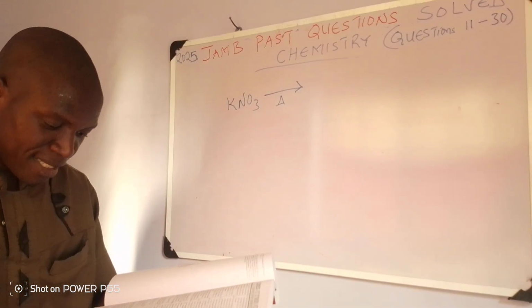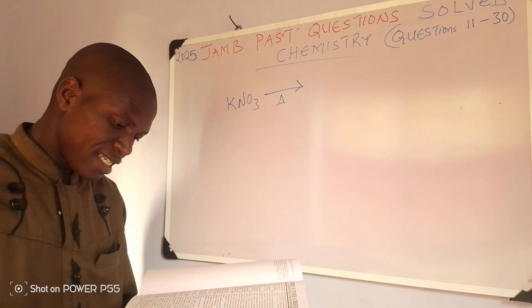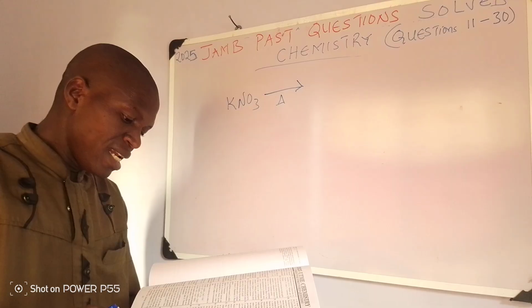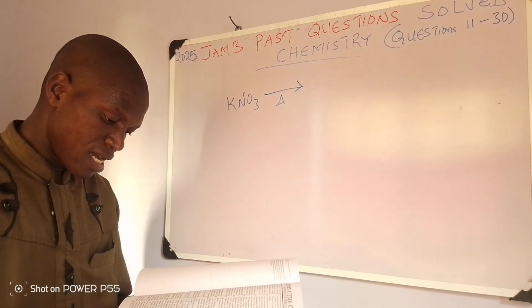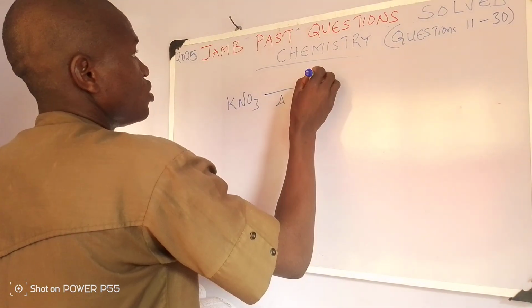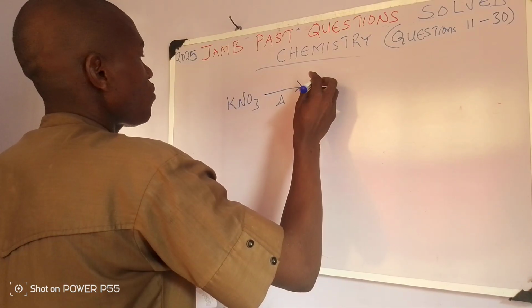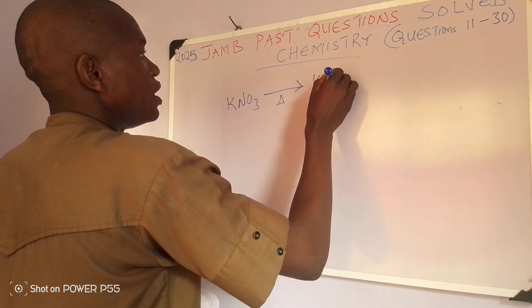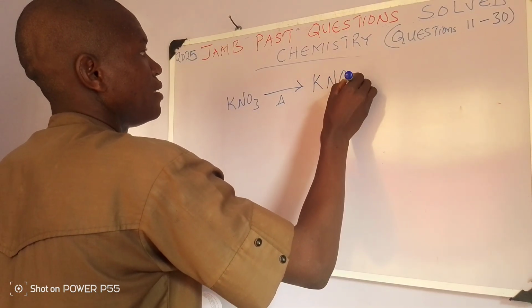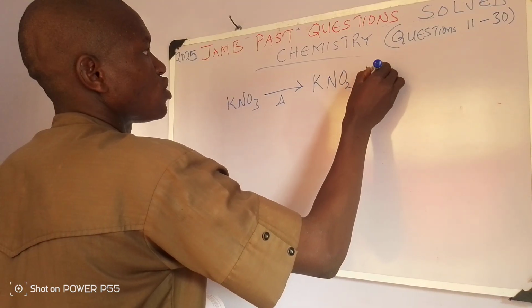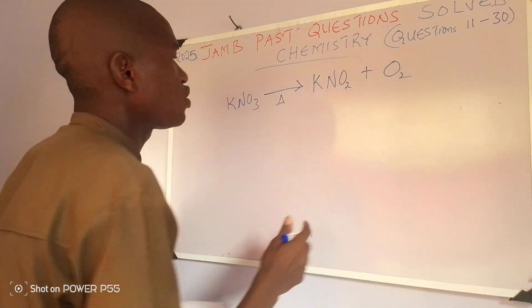So what's the correct answer here? The correct answer is potassium nitrite and oxygen. So we will have potassium nitrite plus oxygen. This is what will be produced.